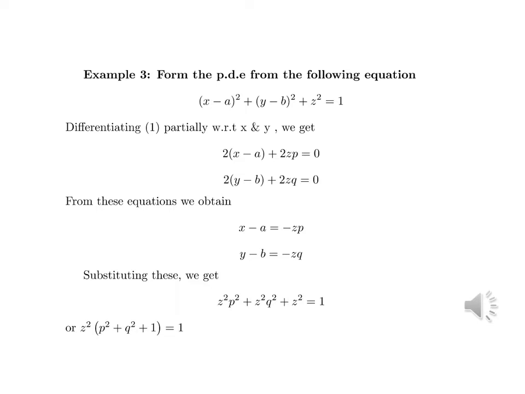When you substitute for x minus a and y minus b, we get z square p square plus z square q square plus z square equal to 1. When you take z square outside, z square into p square plus q square plus 1 equal to 1. So this is a partial differential equation. So we have formed a partial differential equation by eliminating arbitrary constants a and b.